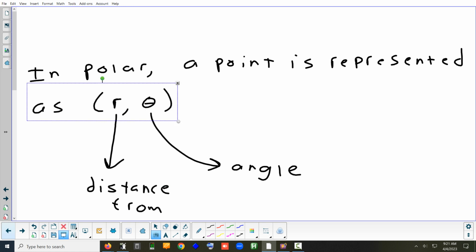Now, when we move away from the center, that's kind of like x in terms of the movement. But when we rotate, we don't rotate up, down, left, or right. How do you describe a direction of rotation? There's really 2 ways to describe it, yeah? Clockwise and counterclockwise. Right. You're either going to rotate clockwise or counterclockwise.